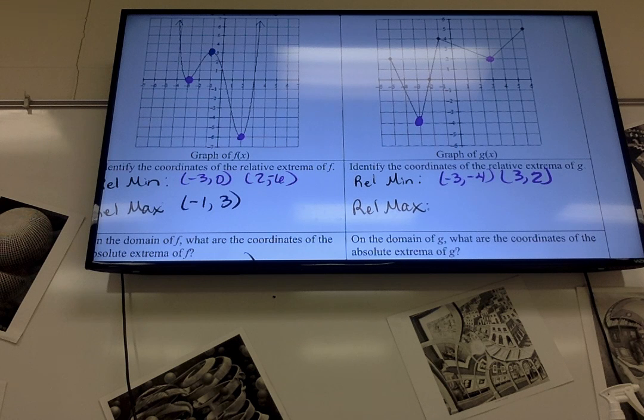Oh, did you find another one? Oh, max. You have (-1, 4). That is absolutely right. And that's kind of like at the top of the hill. So it's done the same, even if it's not curved or doesn't have arrows. Relative mins and maxes work out the same.